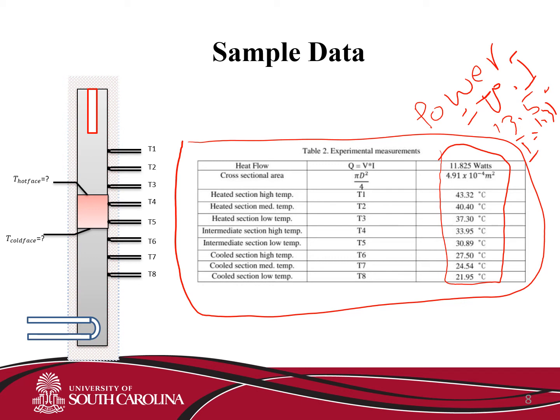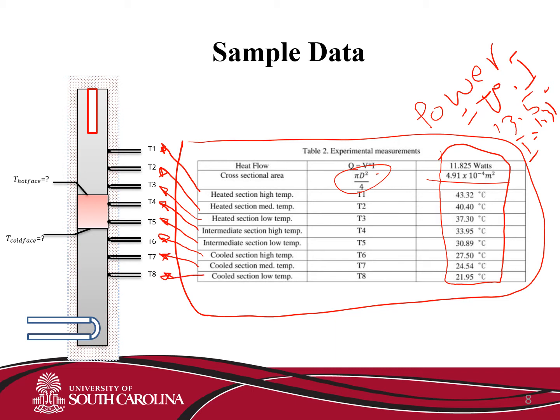Then the cross-sectional area and the heat section high temperature, which is T1, heat section middle temperature T2, heat section low temperature T3, intermediate section high temperature T4, intermediate section low temperature T5, and the cooled section, cooling layer, cooled section temperature T7, and then this is T8.